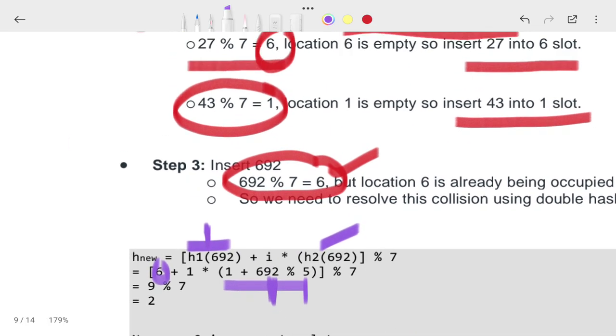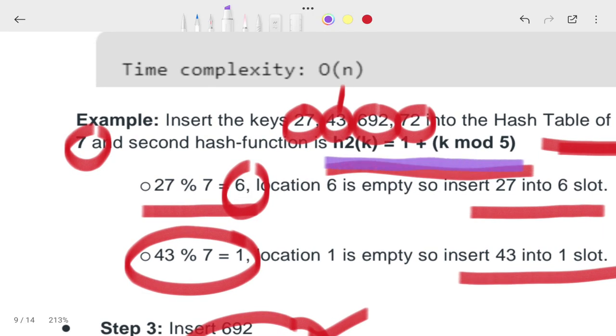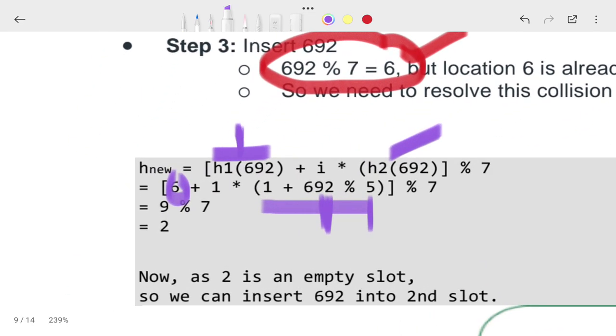My second hash is 1 plus k modulo 5: the value divided by 5, plus 1. So I will divide 692 by 5.